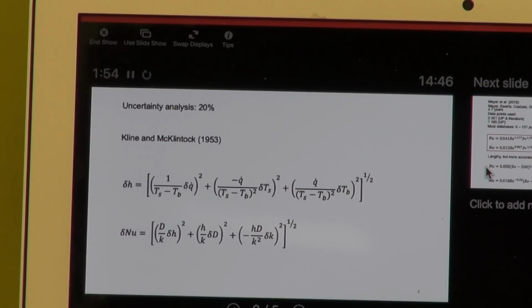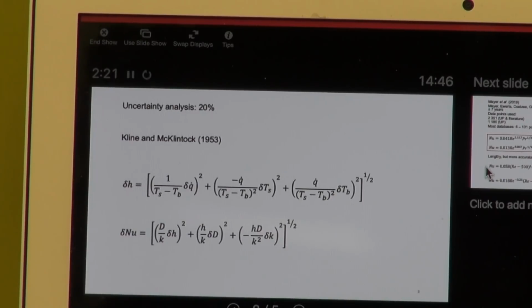But then, once you've done all the data analysis, you end up with something which we now have to do, and that is a so-called uncertainty analysis. Why? Because something like the heat transfer coefficient depends on the accuracy, or the uncertainties again, of the heat fluxes and the surface temperature measurements and your bulk temperature measurements, as well as the temperature differences between surface and bulk.